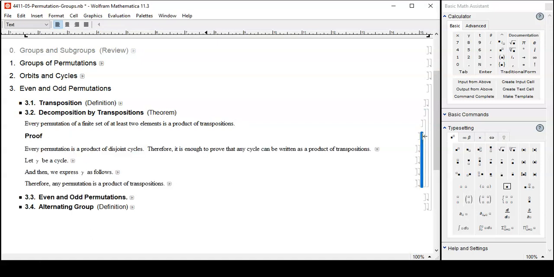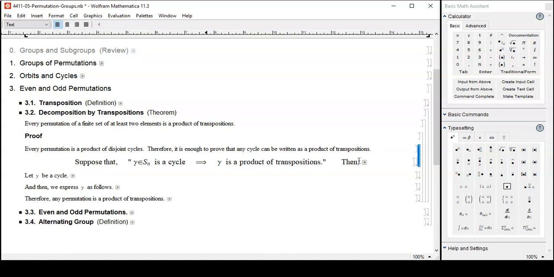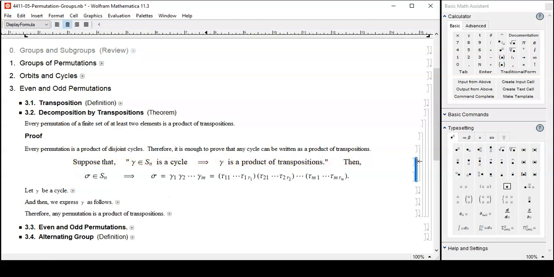We are going to prove it like this. Please recall that every permutation is a product of disjoint cycles. So it is enough to prove that any cycle can be written as a product of transpositions. Basically, it's this idea. Any permutation can be written as a product of cycles, like blue times green times dot dot dot, brown.